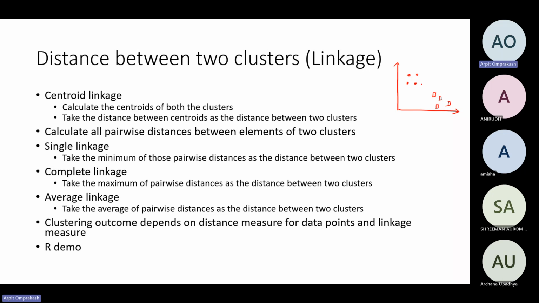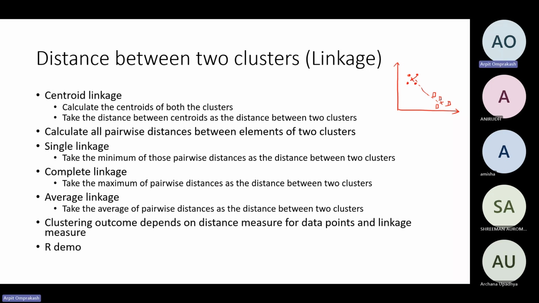Then in centroid linkage, you figure out where the centroid of this cluster is, which is basically the average of the positions of all the data points. Then you figure out where the centroid of this one is, and you take the distance between this centroid and this centroid. So that is your distance between these two clusters. Okay. So that is centroid linkage.